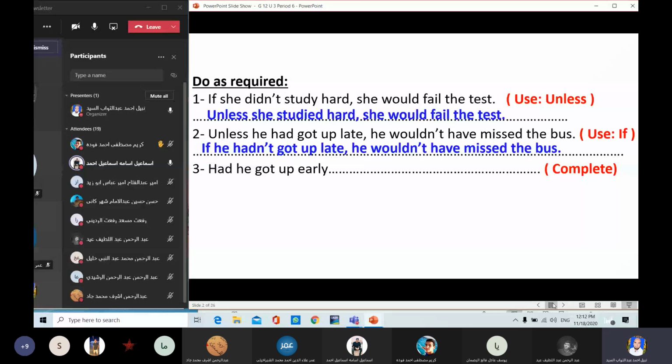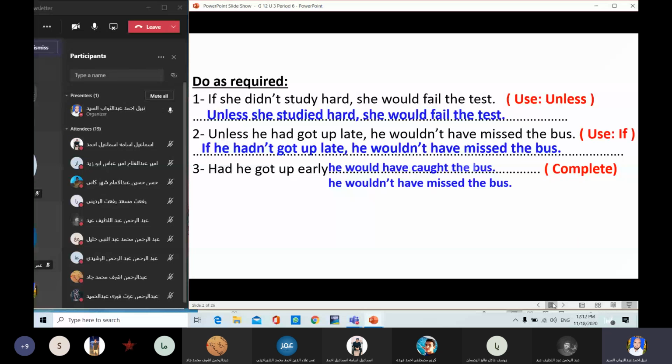Thank you very much. Again, had he got up early, he would have caught the bus. He wouldn't have missed the bus. The answer is written in exercise 2, Ismail. Had he got up early, he wouldn't have missed the bus, or he would have caught the bus.